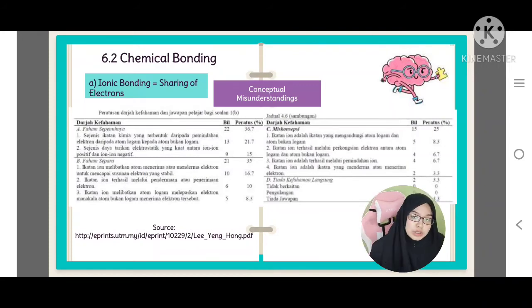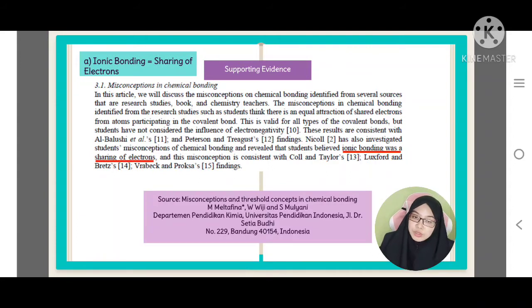So there is another supporting evidence from the Indonesian articles. They also conducted a study among their secondary school students, SMA, and the students believed that ionic bonding was a sharing of electrons, and this misconception is also consistent with other researchers who have investigated these things before.